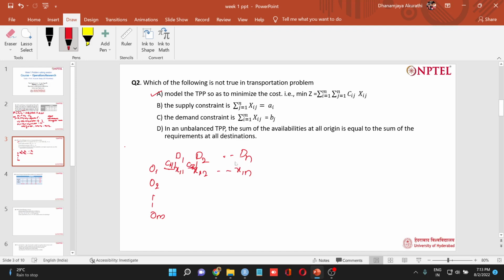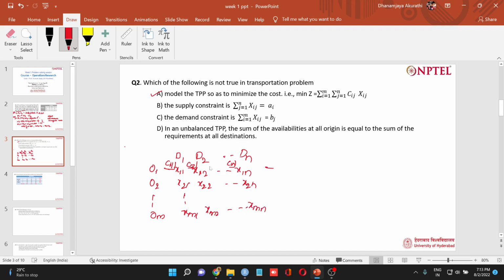In a similar way you have the cost coefficients Cij: origin 2 to destination 1, origin 2 to destination 2, and origin 2 to destination n. And origin m to destination 1, origin m to destination 2, and m to n.